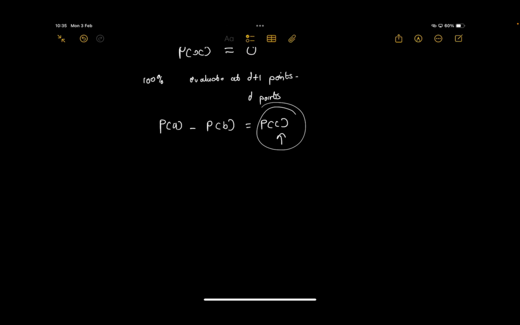When you subtract, you are either going to get all zeros, or you're only going to get zeros at d points. For you to get zeros at d points, it means that there must have been an alignment between the two of them at those d points. You get d points, not d plus 1 points.